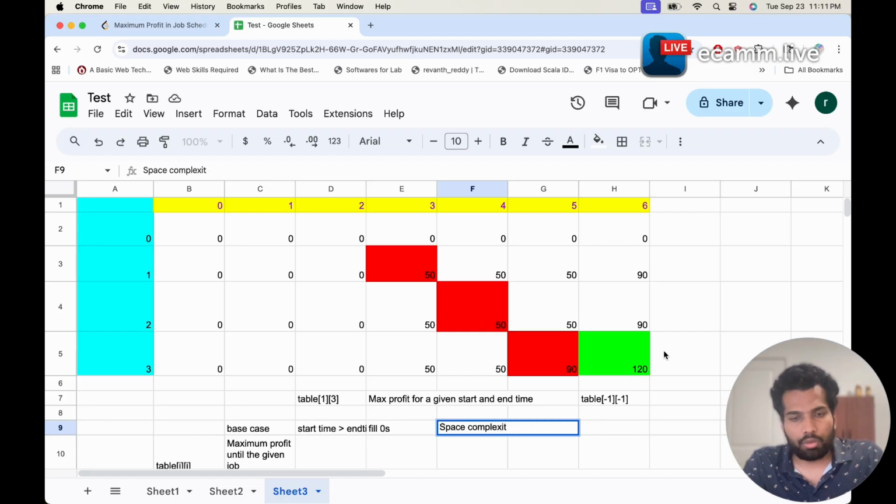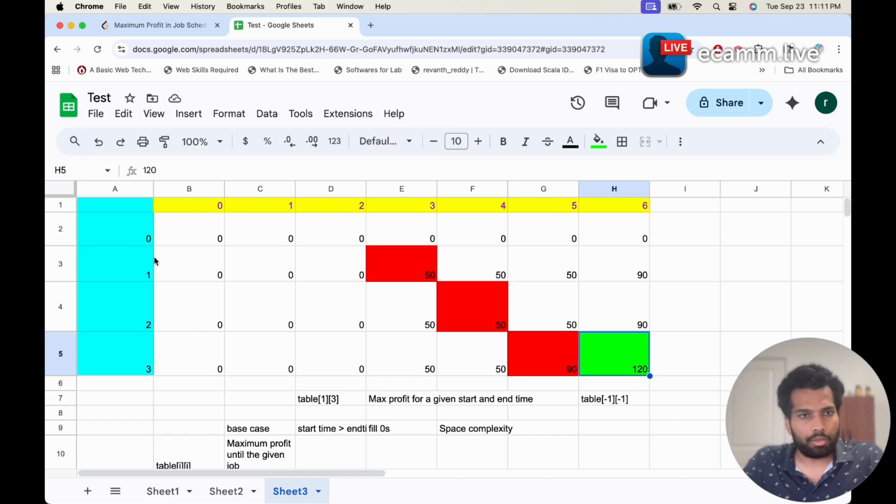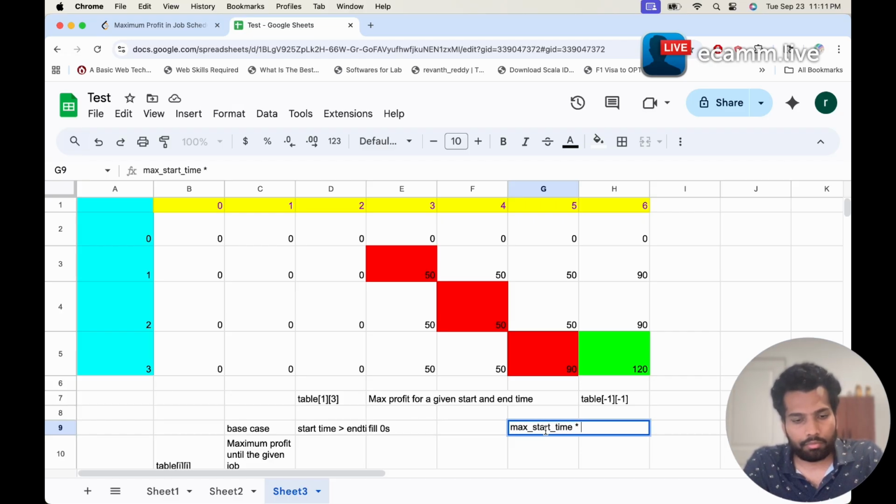If you see, the space complexity will be very high, because of the rows and columns, we are creating a grid of complexity max start time and end time, which is really bad.